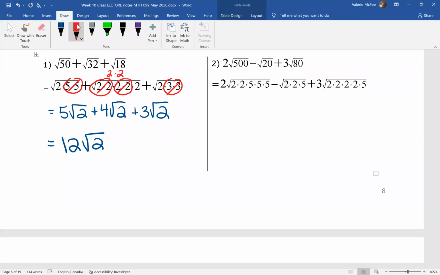Again, we're looking for 2 factors that are the same. So here we're taking out 2 times 5. Here we're taking out 2 2's. So what does this simplify to?